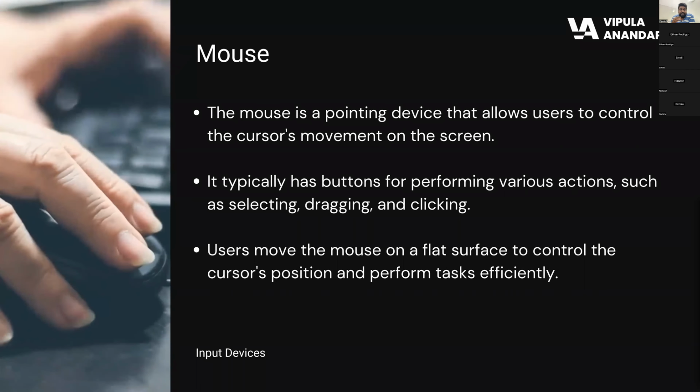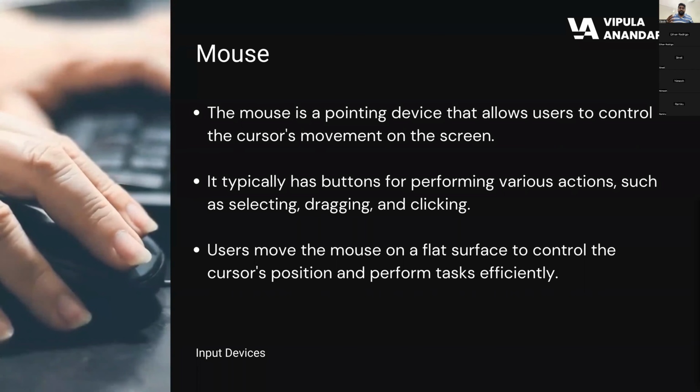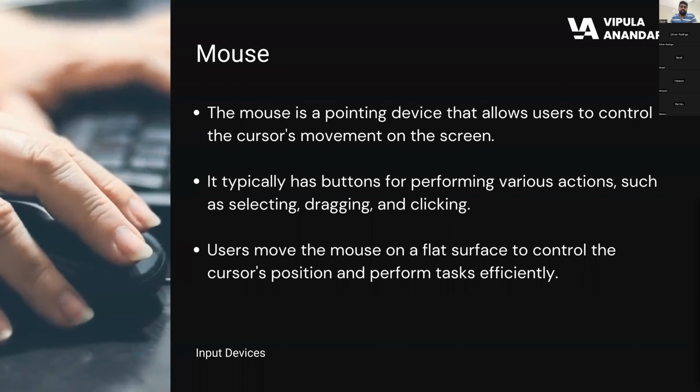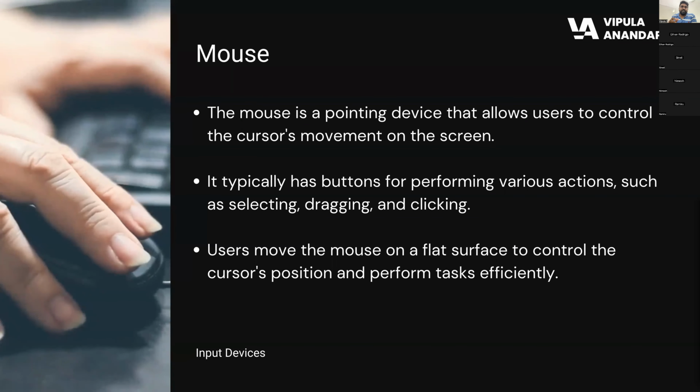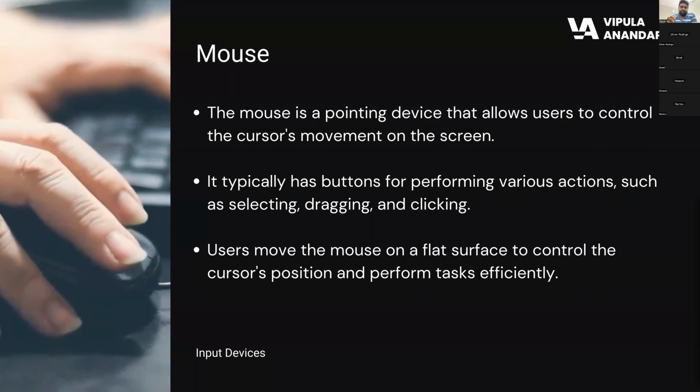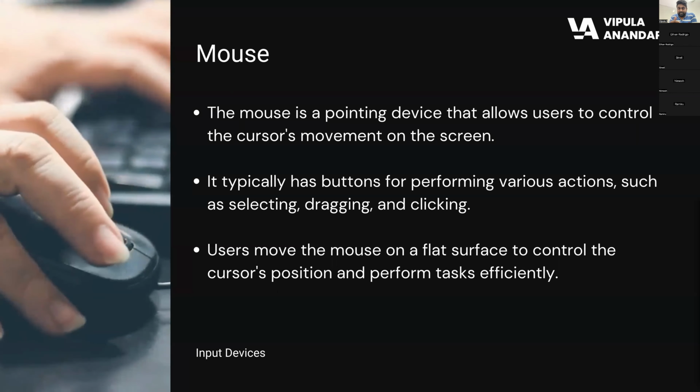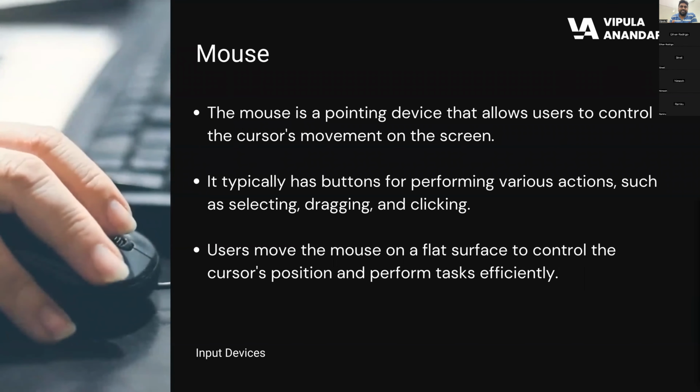So we have multiple different types of mice in the world. You have mice where you just keep it stationary in a location and you move a huge ball, which is called the trackball mice.